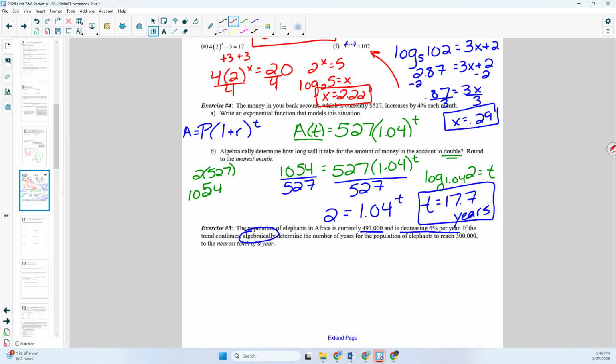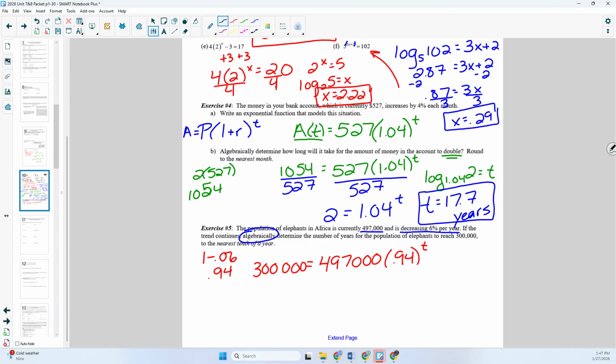So my starting value is 497,000. I'm decreasing 6%, so that's 1 minus 0.06, which is going to give me a base of 0.94 to the t. And I want to know when it decreases down to 300,000. So now we're ready to start solving.